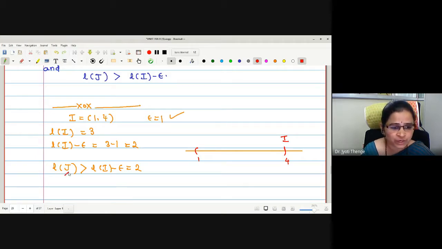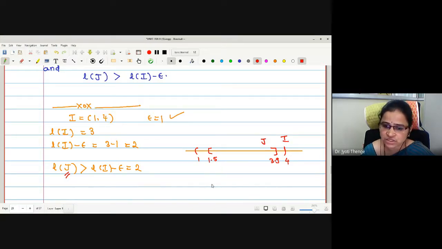Now our aim is to find out the closed interval J whose length is greater than 2. Total length is 3. Can you find out J whose length is greater than 2? Let me mark a point 1.5 to say 3.9. This be my closed interval J say.